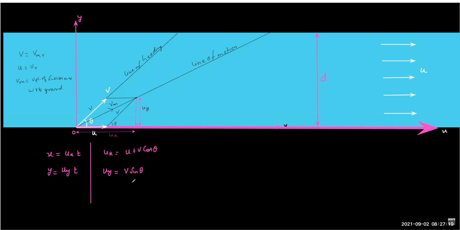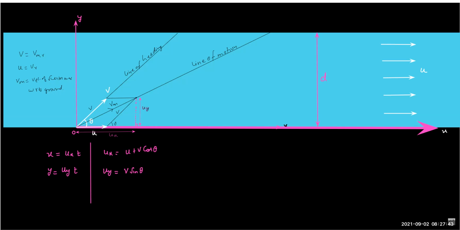So now what you can realize is that the movement along the x direction depends on both velocity, that is the ability and the flow. But crossing the river, the velocity which is responsible to let you go across the river is totally independent of the flow. It has nothing to do with the flow.